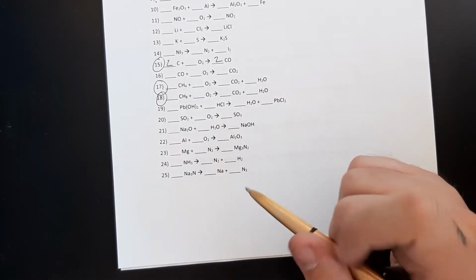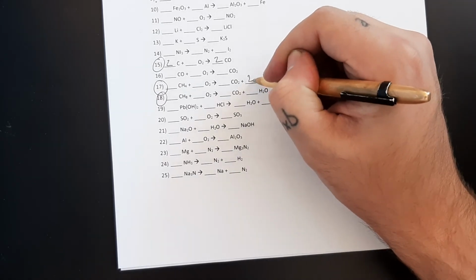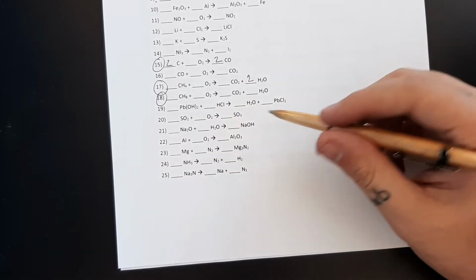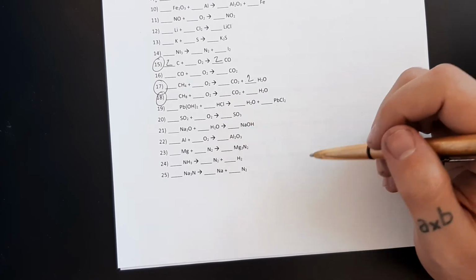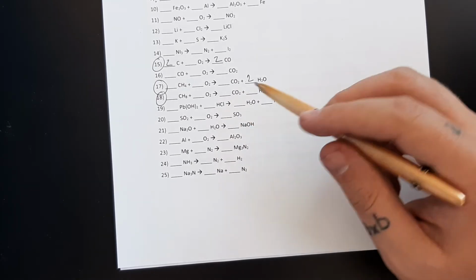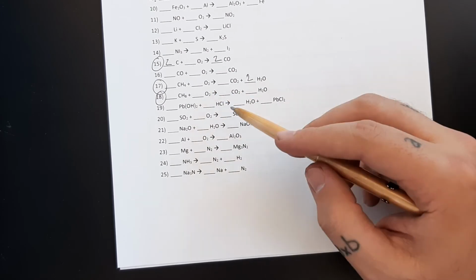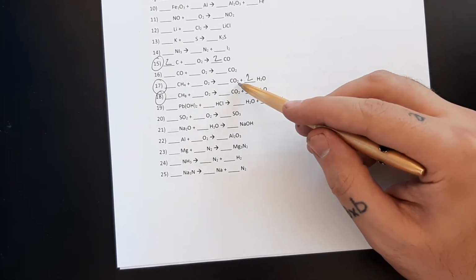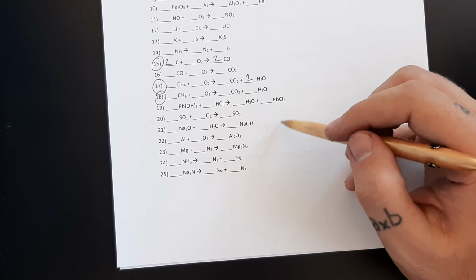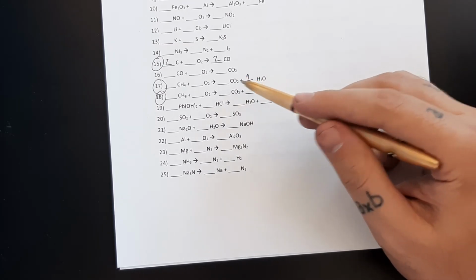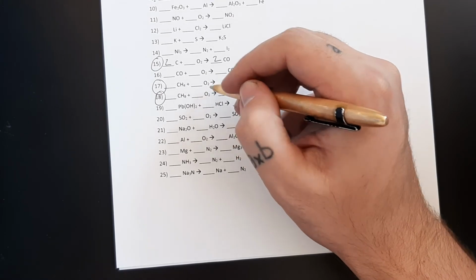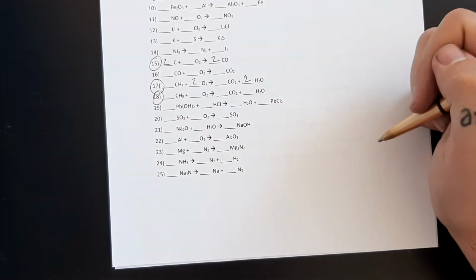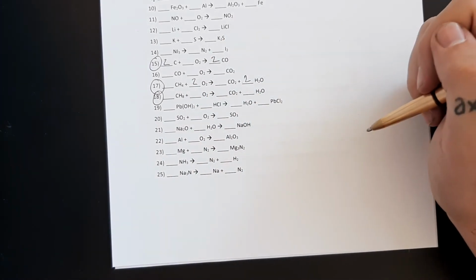What times 2 gives me 4? 2 times 2 gives me 4. Now I've got 4 hydrogens on each side. My carbons are good, my hydrogens are good, I just need to look at my oxygens. On this side, I've got 2, and then on this side, I've got 2 right there and another 2 right here. That gives me a total of 4 on this side. To balance this out, I need a total of 4 right there, so 2 times 2. And now that thing's balanced.